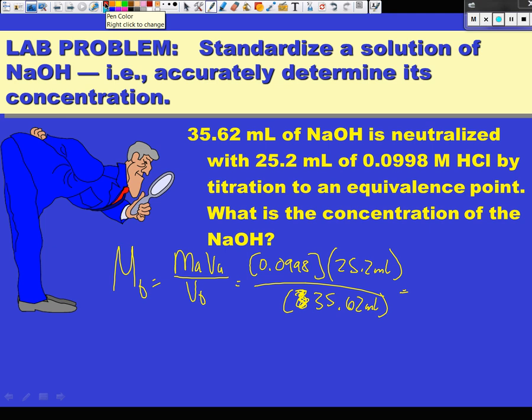Did everyone agree or disagree? What was it? 0. What? And that's molar. We solve for the concentration. Milliliters cancel, leaving you with concentration.